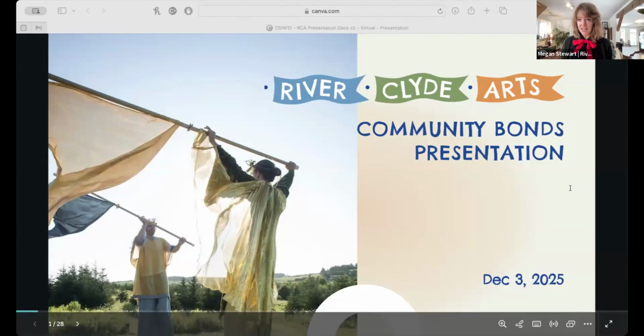This presentation focuses on acquiring property, and we are in consultation with Indigenous partners and collaborators as part of our planning for this project. We're really thinking about how we can integrate values of reconciliation and decolonization as we design and move forward with a land acquisition project for River Clyde Arts.